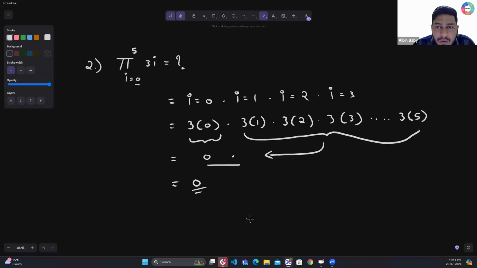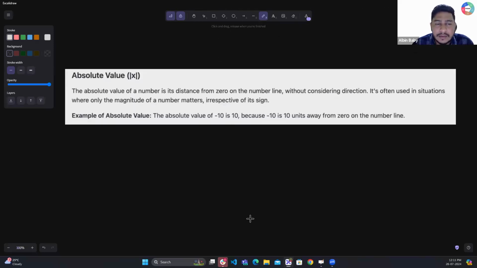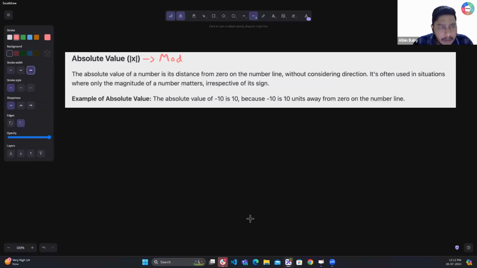Okay, cool. So let's move to the next question, next symbol, that is absolute value. It is also known as what? Mod. Here you can say it as mod of x. So let's see what it is.